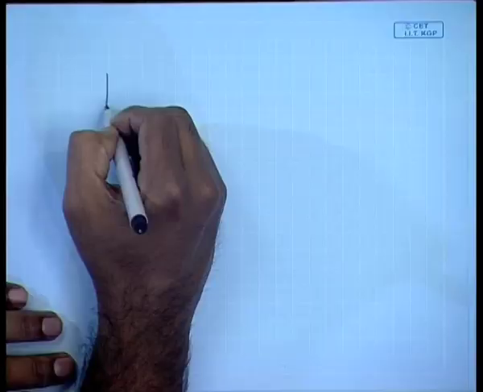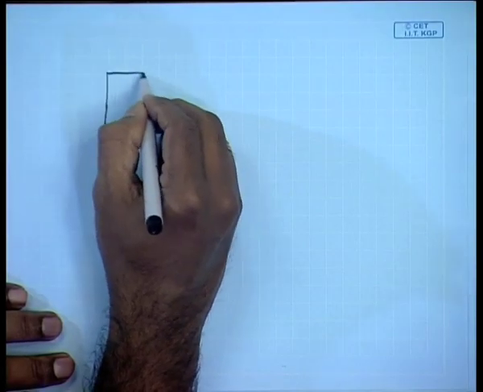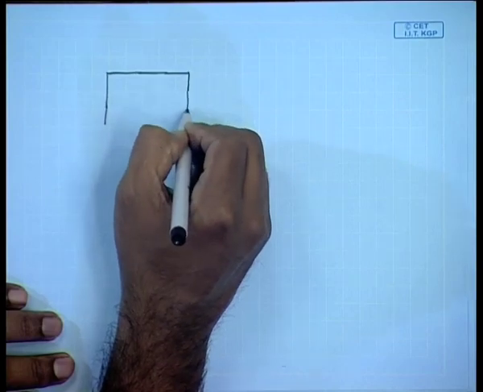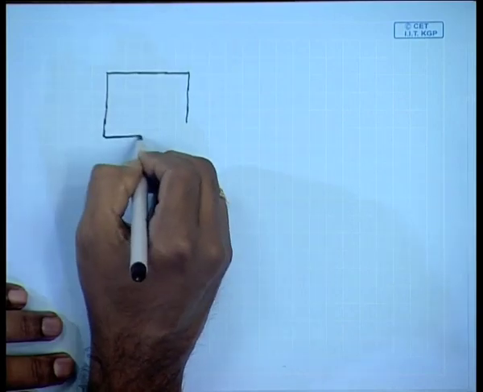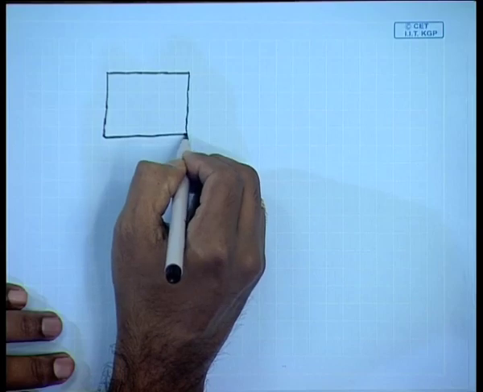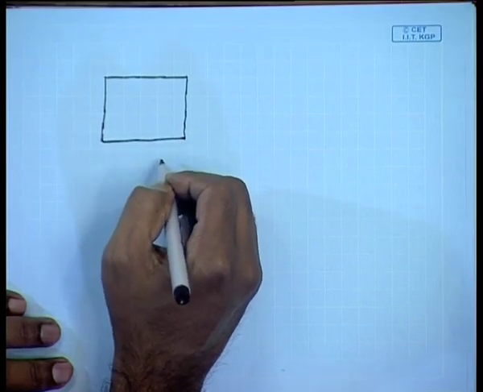in a stable condition. Now let us consider another problem, that is, there is a parallelepipedic barge, which means this is a rectangle, and all such barges are also called box shaped barges. It is like this.